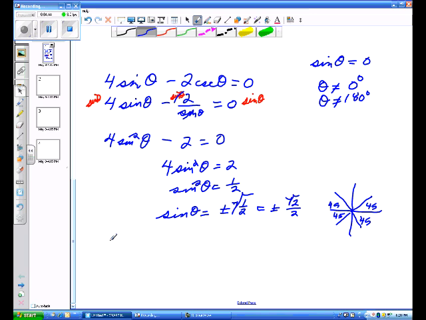So in the first quadrant, it would be 45 degrees. The second quadrant, it would be 135.